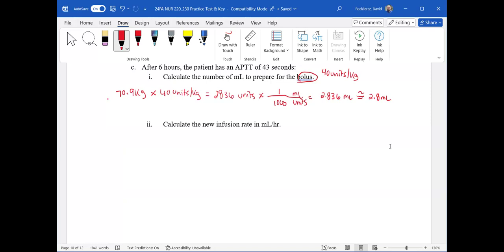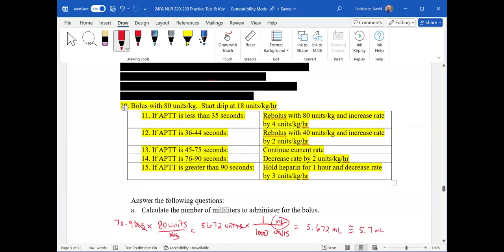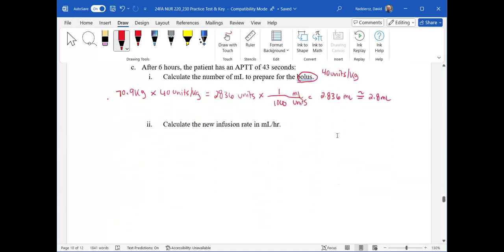For the new infusion rate in milliliters per hour, it tells me to increase the rate by 2 units per kilogram per hour. Our initial was 18, so I'm going to raise it up by 2 to 20. And so I'm going to take my patient's weight, multiply now by 20 units per kilogram per hour.